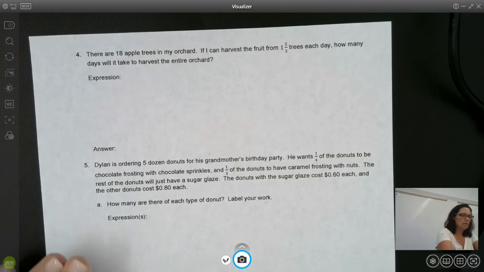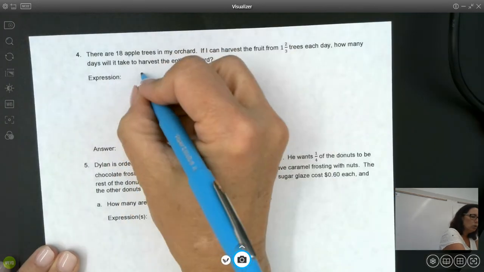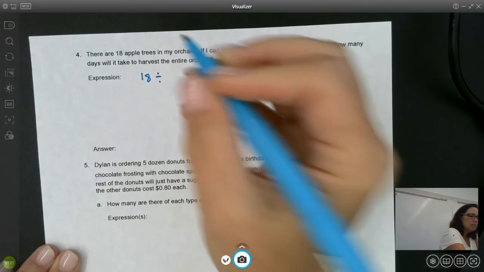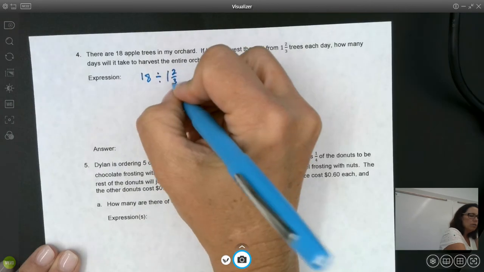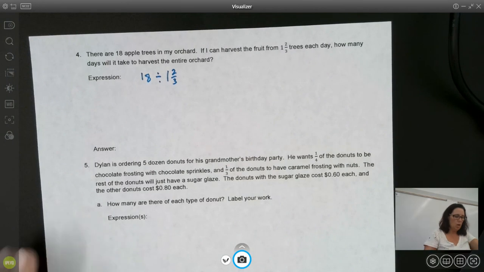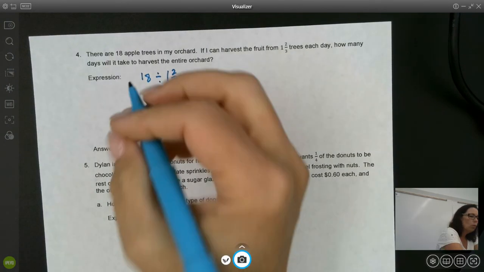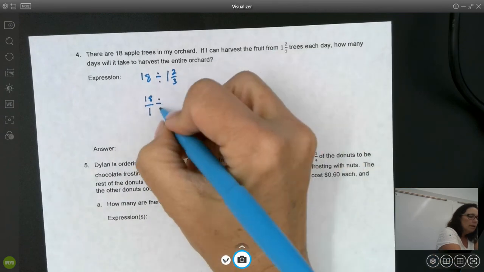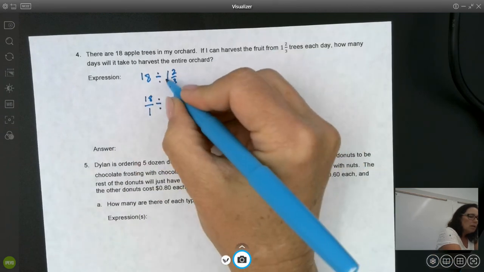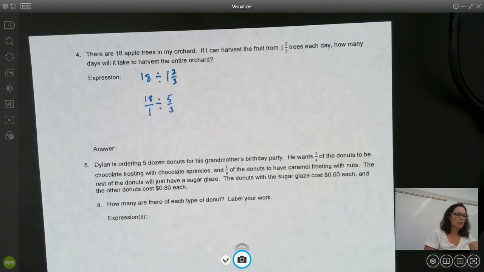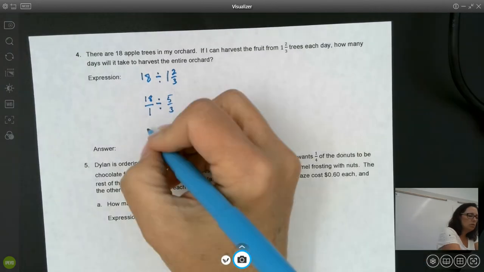So we're going to take that 18 total trees and divide it, see how many times this 1 2/3 goes into it. We're going to make that 18 over 1, and we're going to make this 3 times 1 plus 2. This is 5/3. So keep, change, flip.